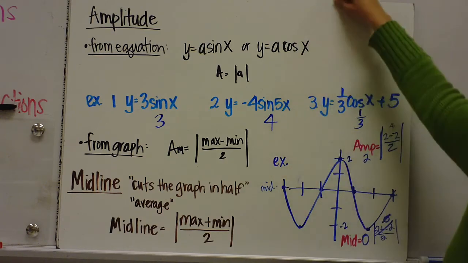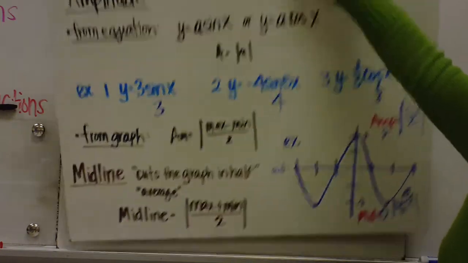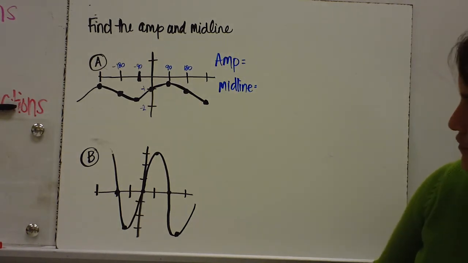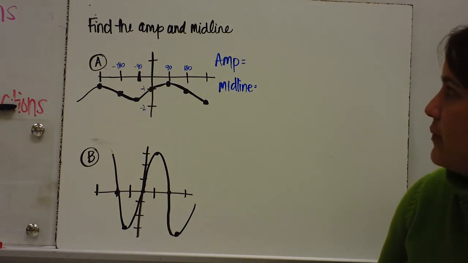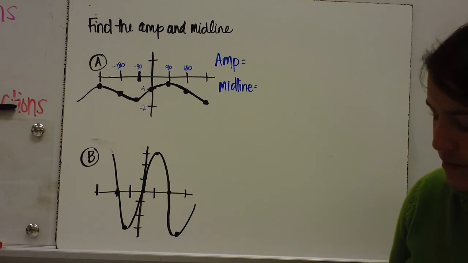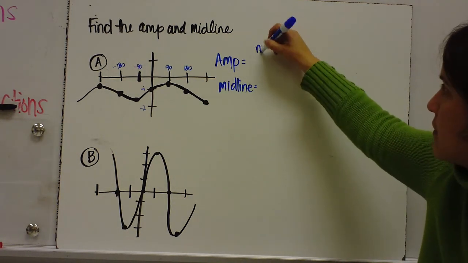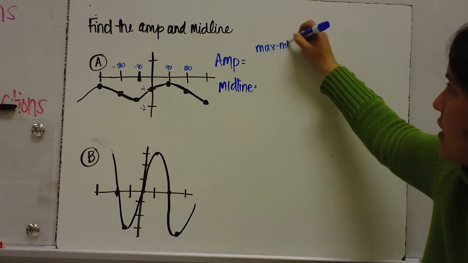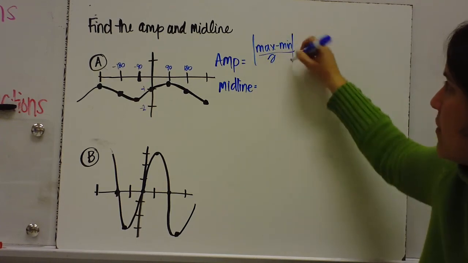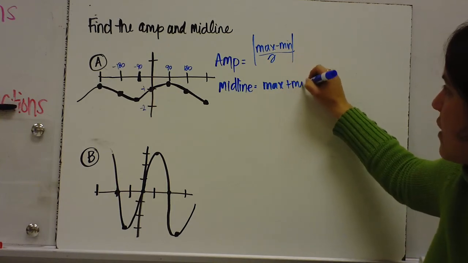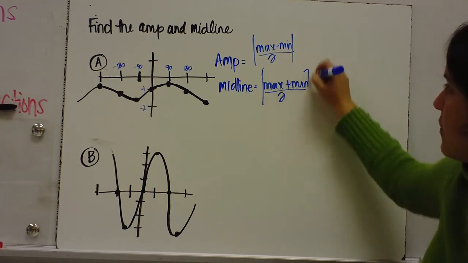All right, I know this is a lot. So the last slide, I want you to find the amplitude and the midline by using the graph. The amplitude is max minus min divided by 2, and the midline is max plus min divided by 2.